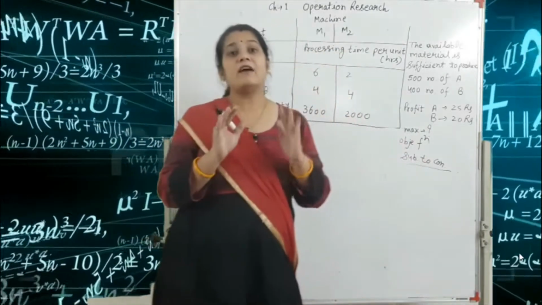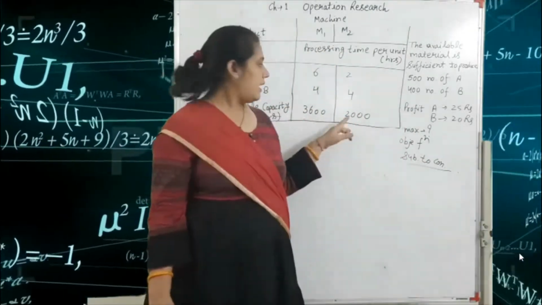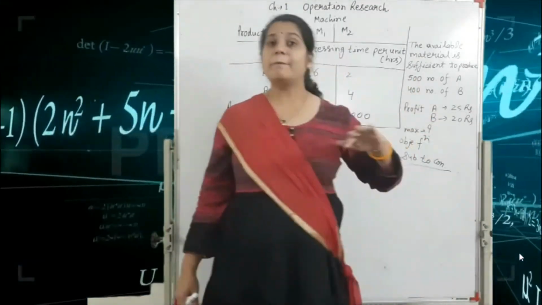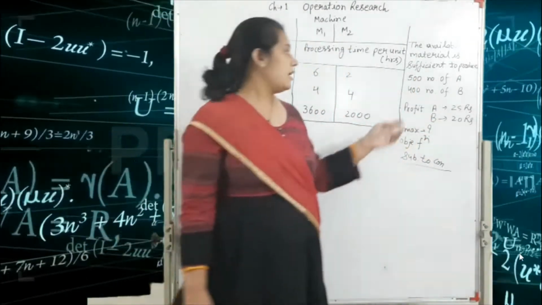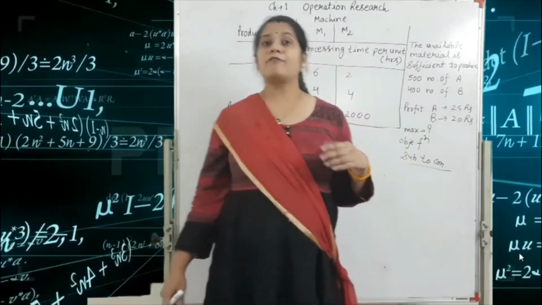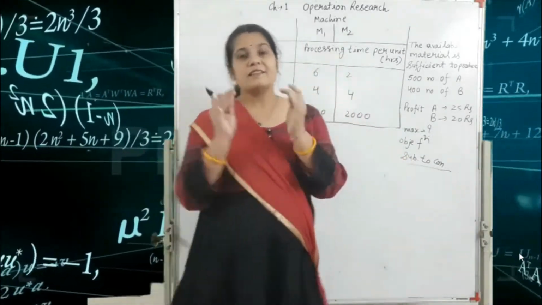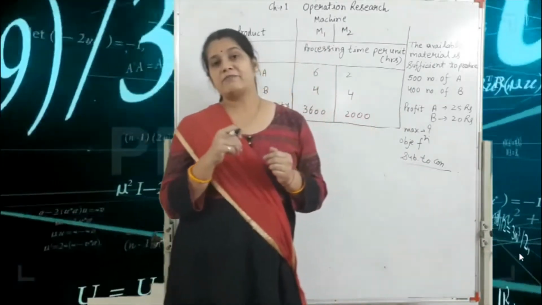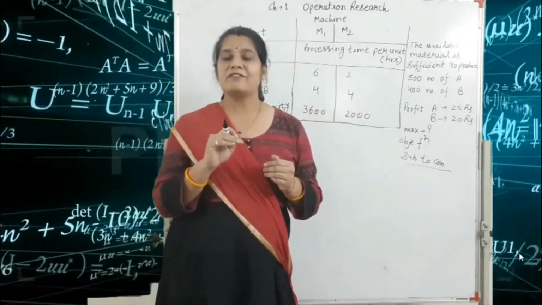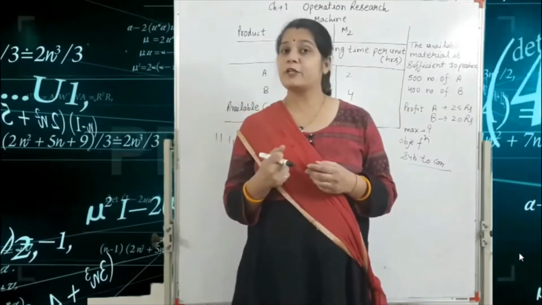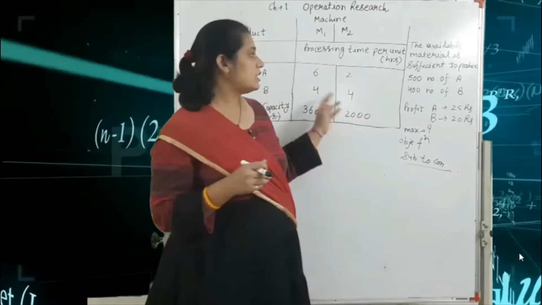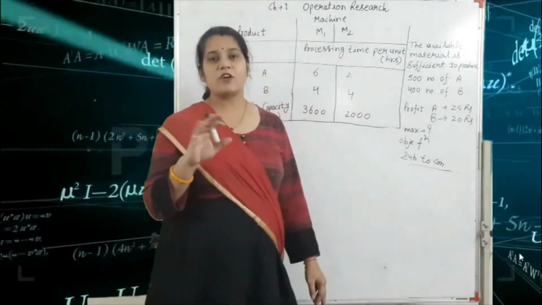These values are available: 3600 and 2000. And 500 of product A and 400 of product B. That means the constraints are less than or equal to 500 and less than or equal to 400, because this is the available capacity. If it is greater than 500, then in this question these values are not applicable.